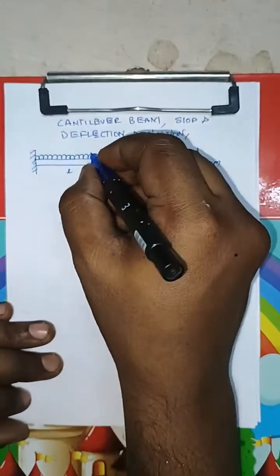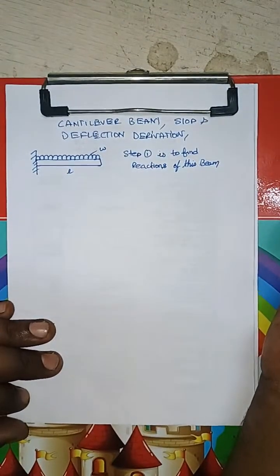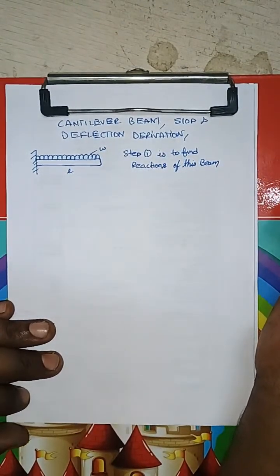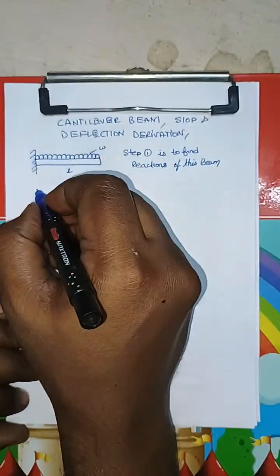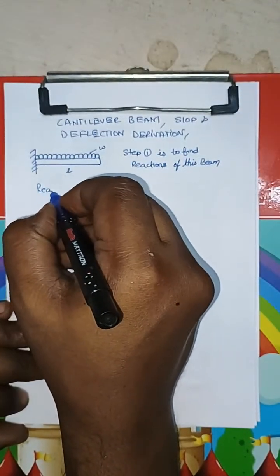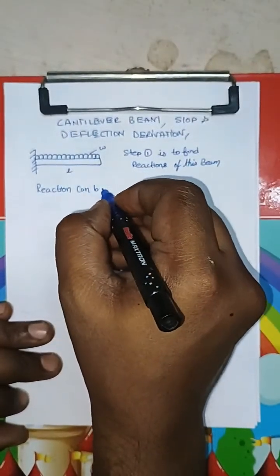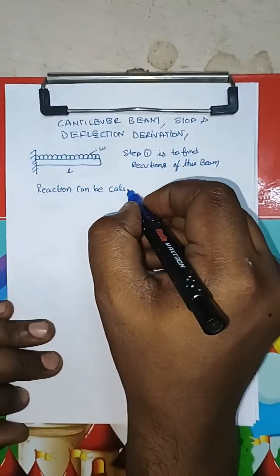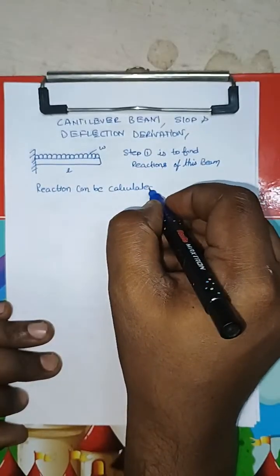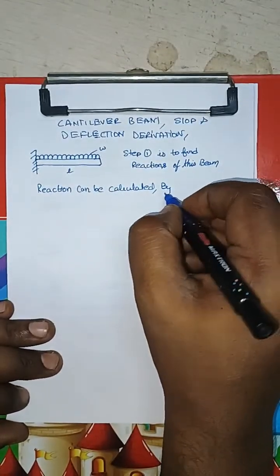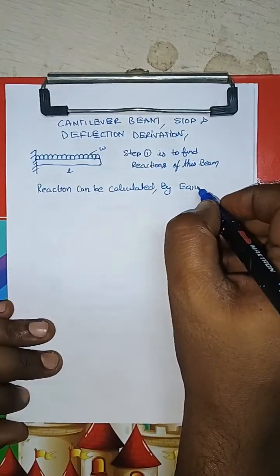This is L and this is W. Now what we have to do is calculate them by the equilibrium equations.